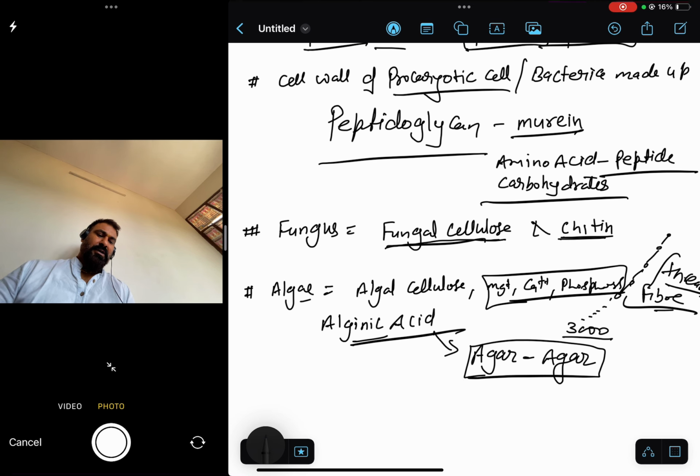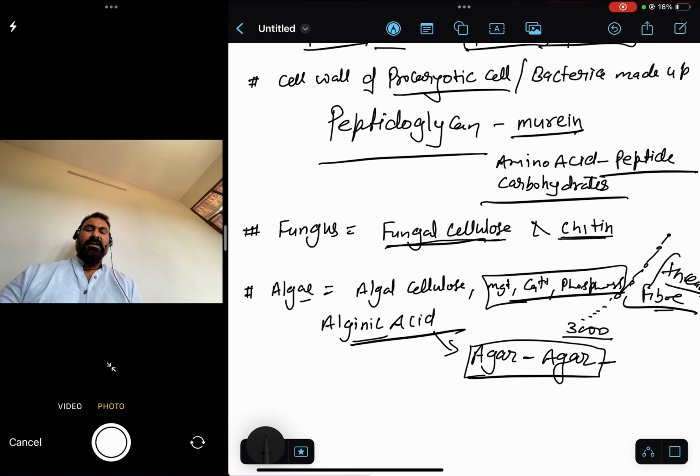And in today's world, many things you purchase from the market contain agar, either cosmetics like lipstick, nail polish, face powder, talcum powder, or your jellies, jams, and ice cream.